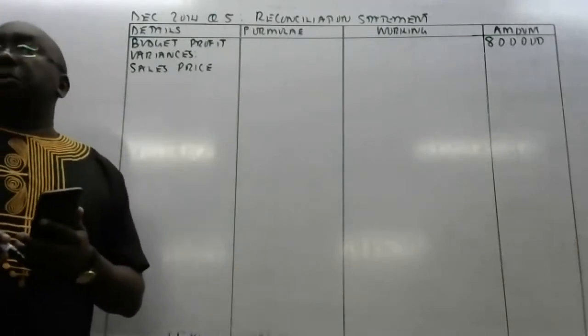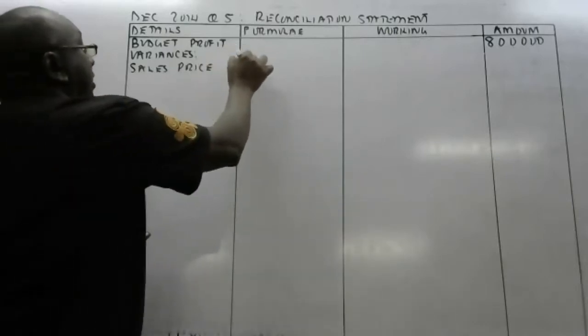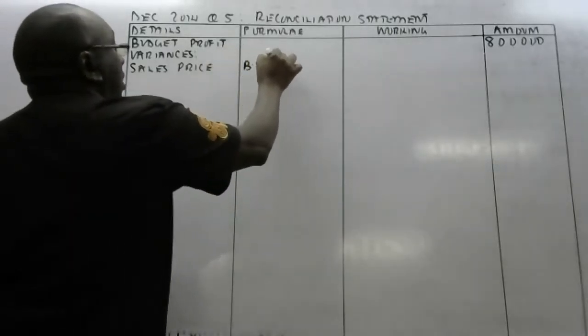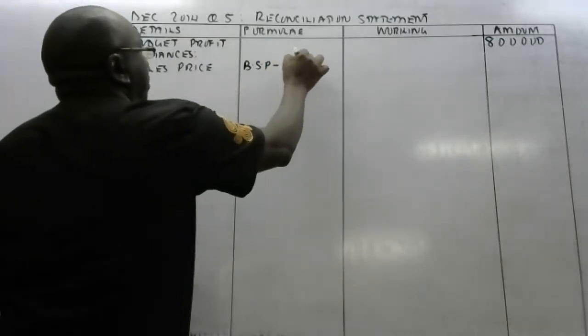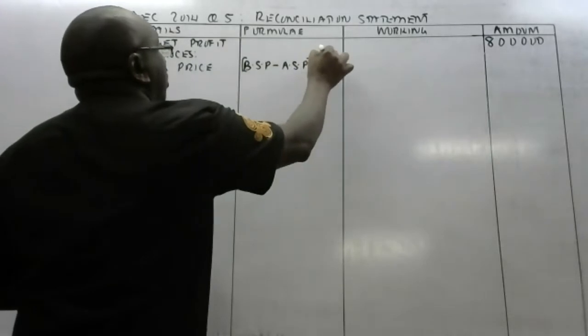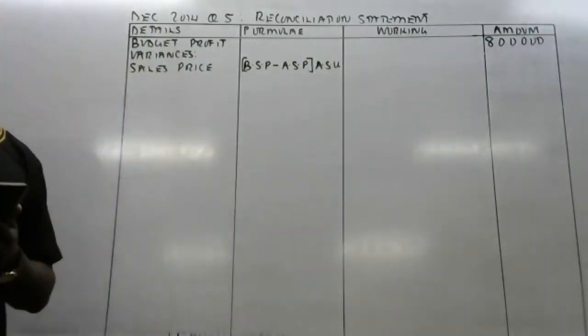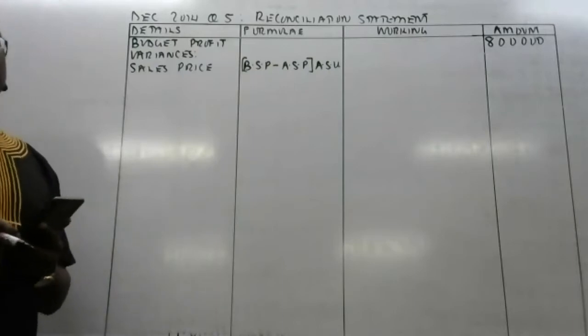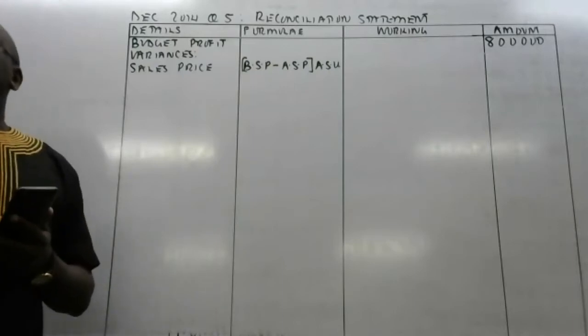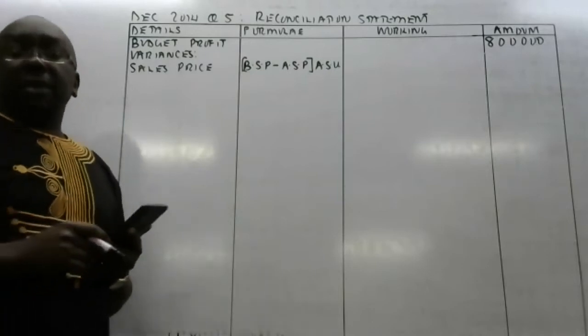Now, regarding sales price, the formula we know is budget selling price minus actual selling price. You multiply by actual sales units.